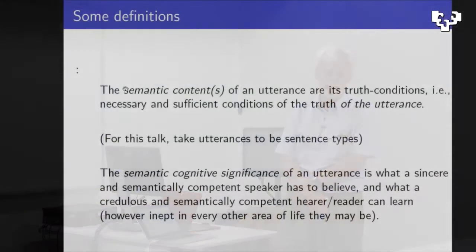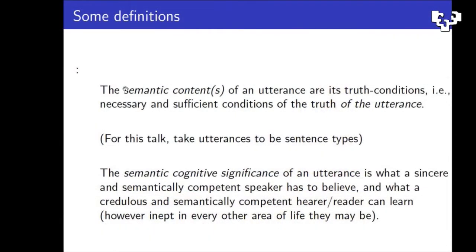One is the doctrine of unique semantic content. The semantic content of an utterance are its truth conditions. That's what I mean by semantic content: truth conditions, as opposed to pragmatic, which I'm not going to discuss. It was completely and thoroughly analyzed in critical pragmatics. Nothing more ever needs to be said about the subject.